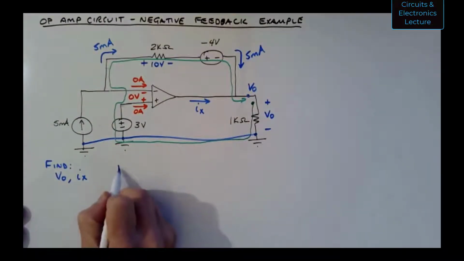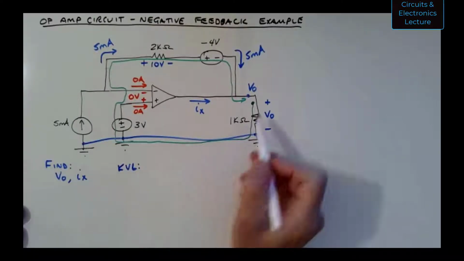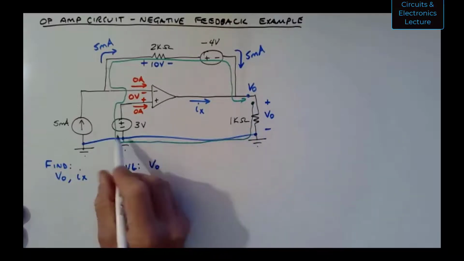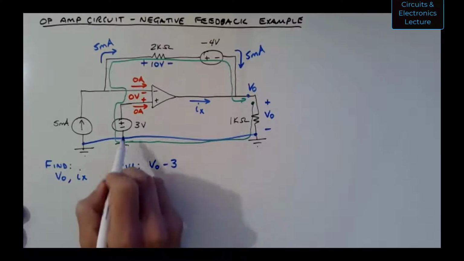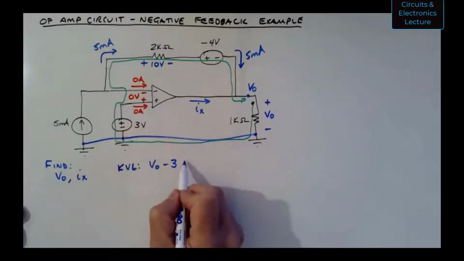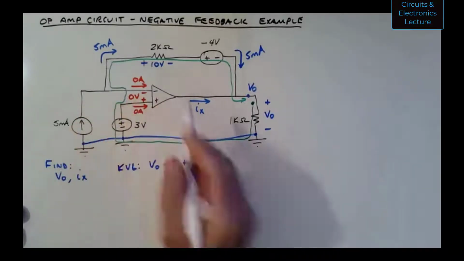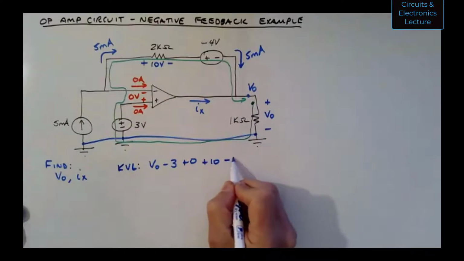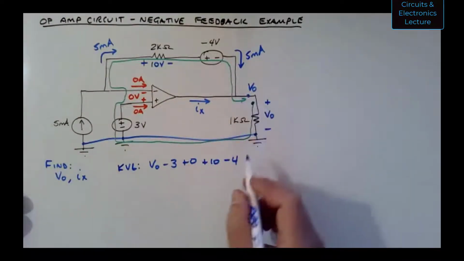So that is a KVL equation that I'm going to write. Plus VO, minus 3, plus 0, going from here to here, that's plus 0. Plus 10, plus a negative 4, equals 0. I'm back to the starting point.